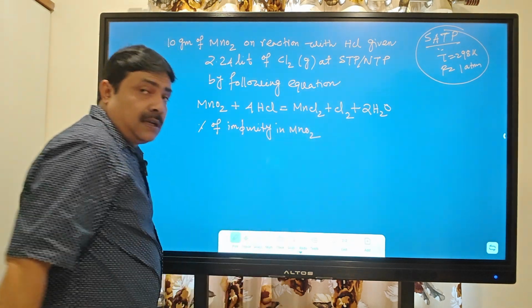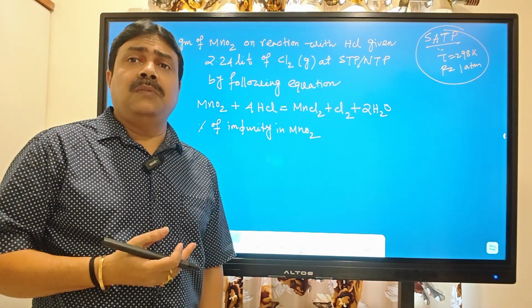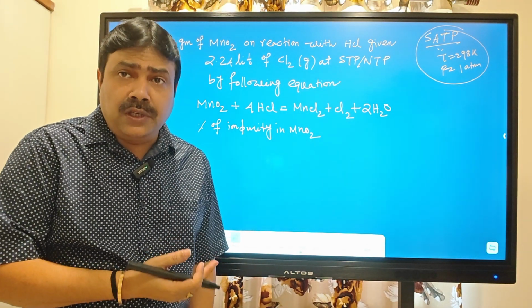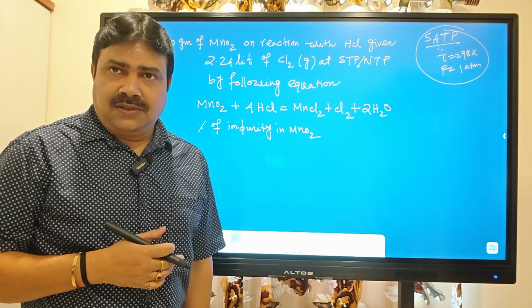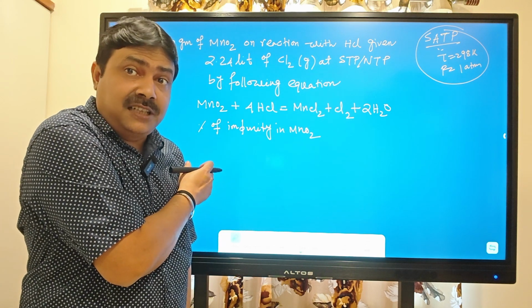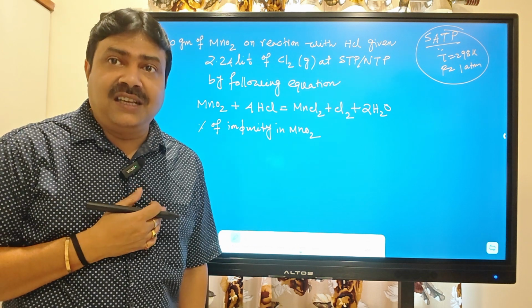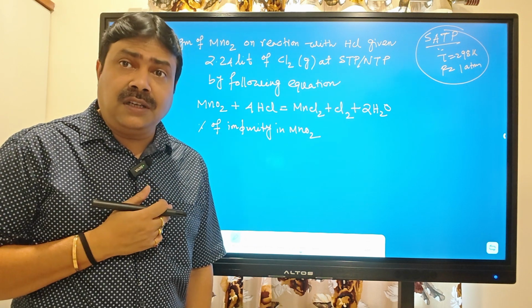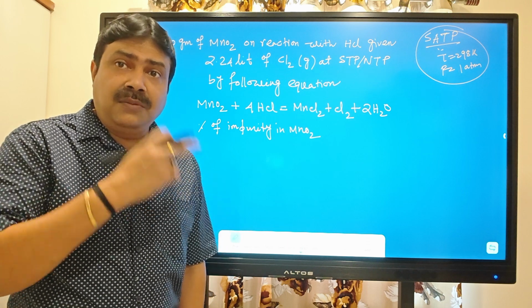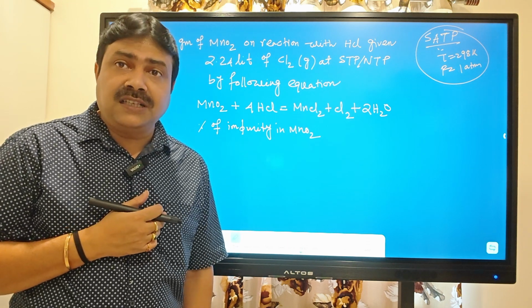Don't make a mistake. You are thinking, sir, you taught me percentage purity equals amount really reacted by amount given into 100, so report that answer. But they are not asking percentage purity, my dear. They are asking the percentage of impurity. Whatever percentage purity you calculate, if you do 100 minus percentage of purity, then only you will get the percentage of impurity.